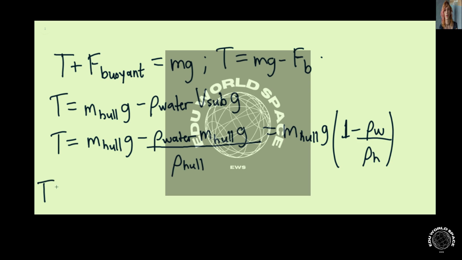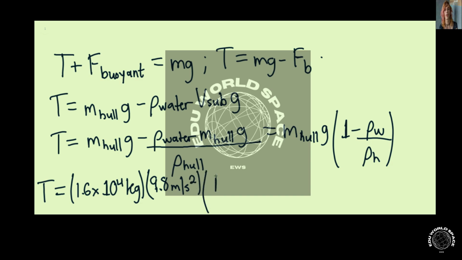And so we find that T, the tension in the cable, will be 1.6 times 10 to the fourth kilograms times 9.8 meters per second squared times 1 minus 1,000, the density of water, divided by the density of the hull, 7,800 kilograms per cubic meter.